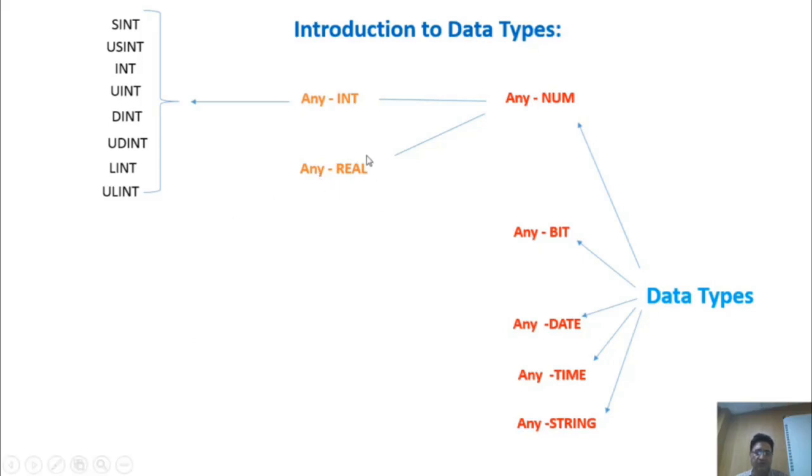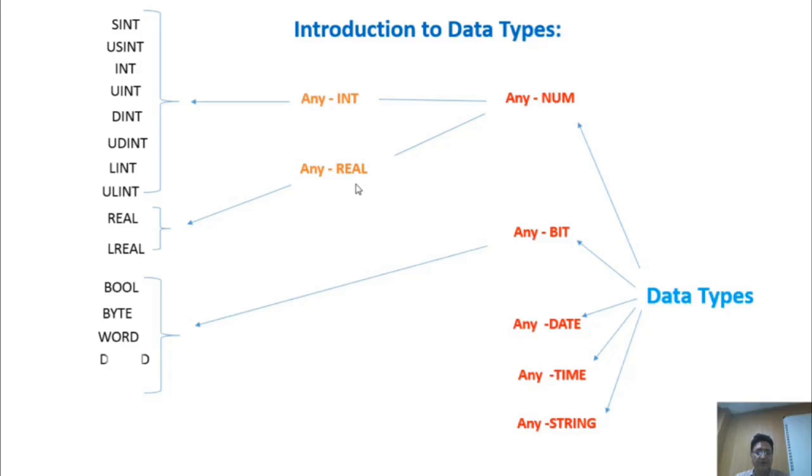Okay, our next data type is real, which actually relates to decimal numbers. We can divide this one into two parts, real and long real. The bit data type, which we said is a logical type, is itself divided into several types. The first is Boolean, the second is byte. The third is word, the fourth is double word, and the fifth is long word.